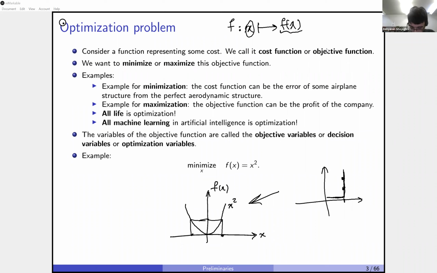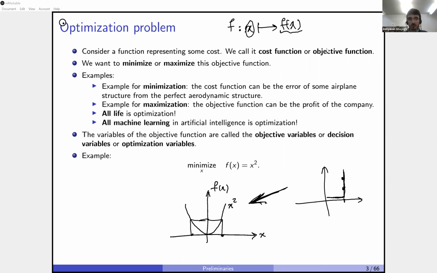For example, in this example that you see here, you have one scalar input and one scalar output. Or you can have multiple inputs and put them together to make a vector. So you can have multidimensional input and a scalar output or a multidimensional output. You can have different combinations.